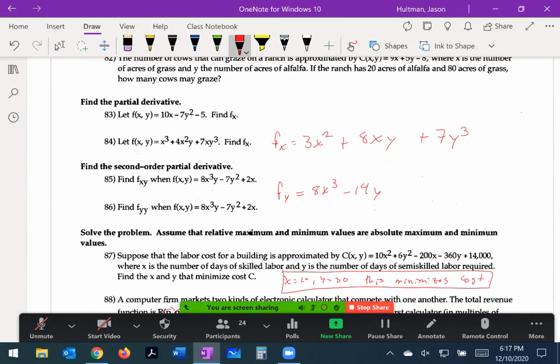So now we just take f sub yy. With respect to y, the only y variable here is the negative 14y, so the derivative of that is negative 14. The rest of this just goes to 0.